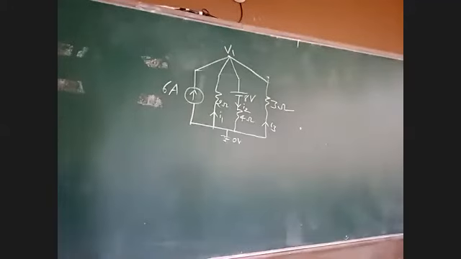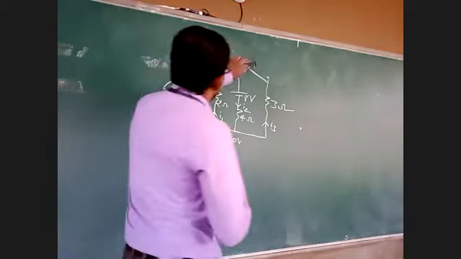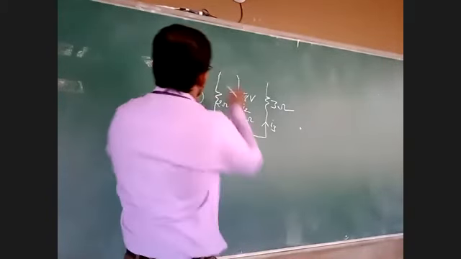There is only one node, because all the branches are connected to a single point. Okay, see here. All the branches are connected to a single point.